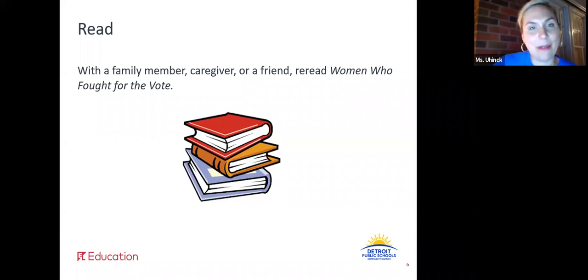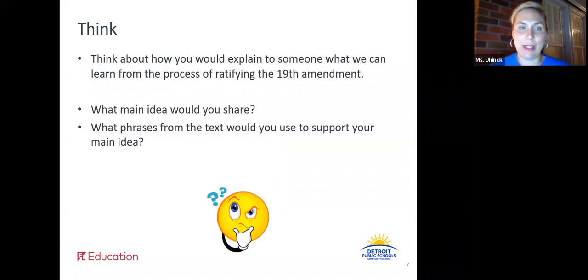Great. Now that we've read the text, let's do some thinking. I want you to think about how you would explain to someone what we can learn from the process of ratifying the 19th Amendment. We've been learning about the 19th Amendment, the hard-fought battle, right? The women who played such an important role.